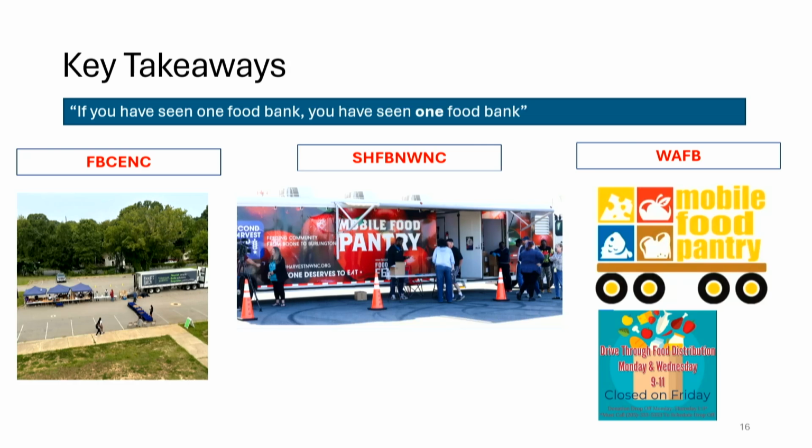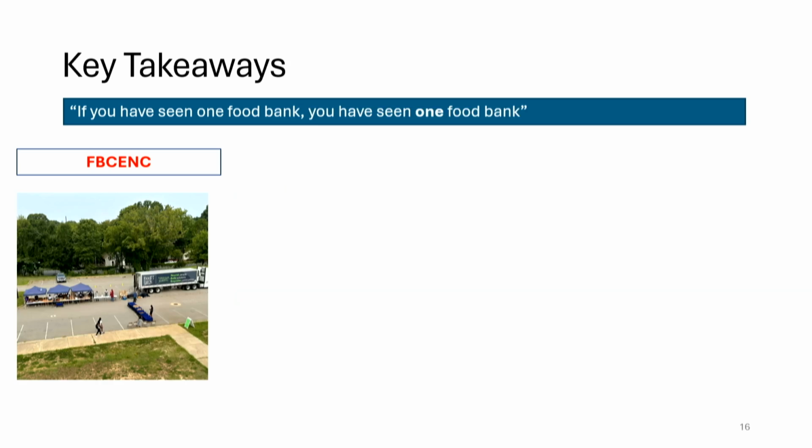So when we think about mobile distribution, and we've seen a lot of research recently where people are talking about mobile pantries, that word, mobile pantry, has a different meaning in each of the food banks, right? If I start with FBC&C, for example, they do what's called a pop-up market.